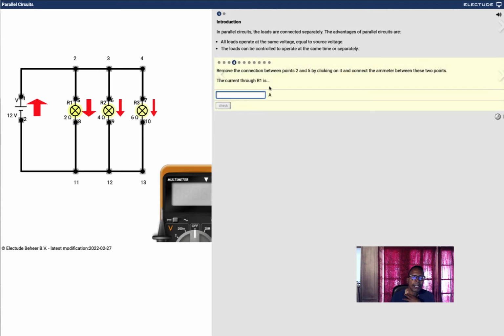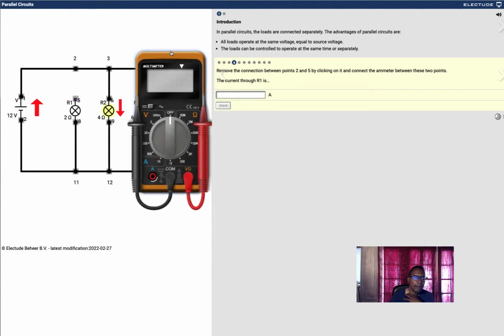Remove the connector between 2 and 5. Oops. Click here, remove the connector by clicking on it, and then connect the ammeter between the 2 points. The current through R1 is. Now here's my ammeter.